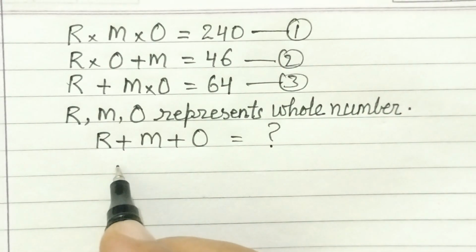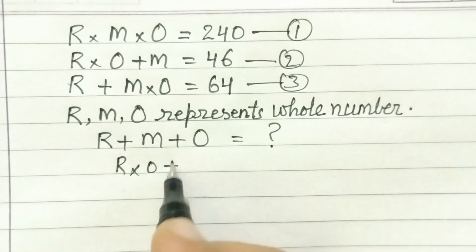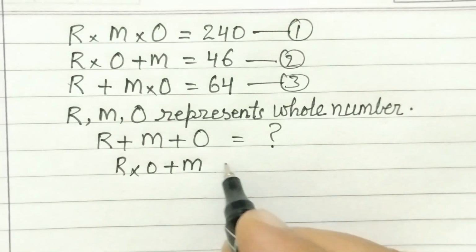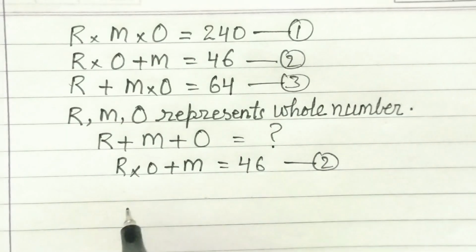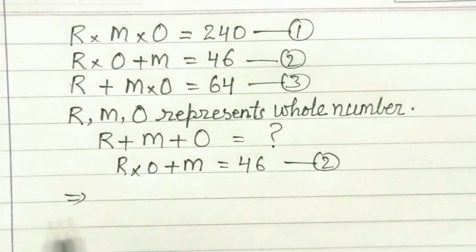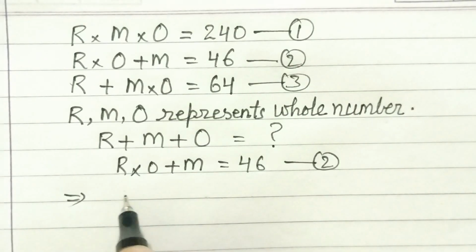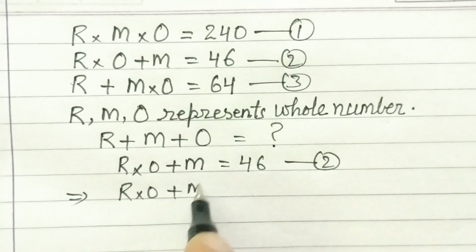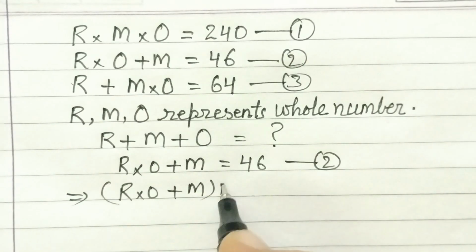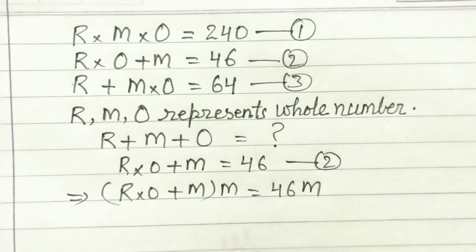If we take equation second, R times (O plus M) is equal to 46, and multiply both sides by M, we get R times (O plus M) times M is equal to 46M.